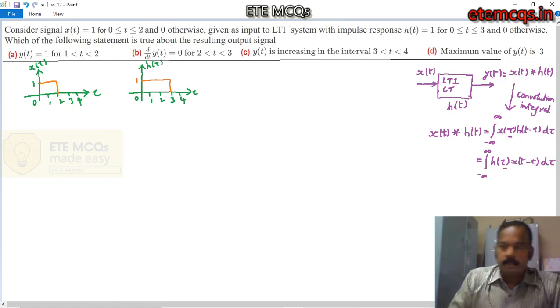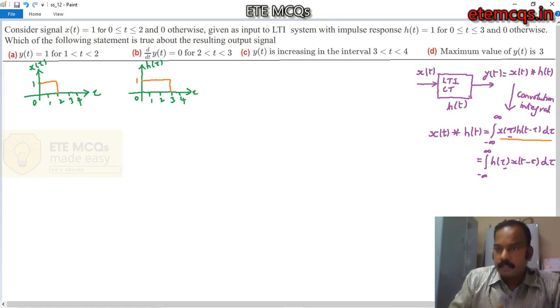Whereas the formula requires x of tau into h of t minus tau, or h of tau into x of t minus tau. So let us make use of the first equation so that it will be convenient for us. Let us make use of x of tau into h of t minus tau, which means that we will have to retain x of tau, but h of tau has to be folded and then shifted in order to compute the convolution.